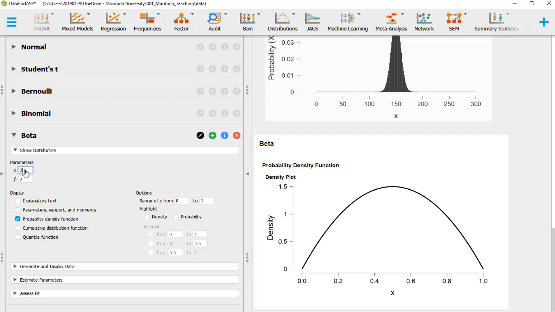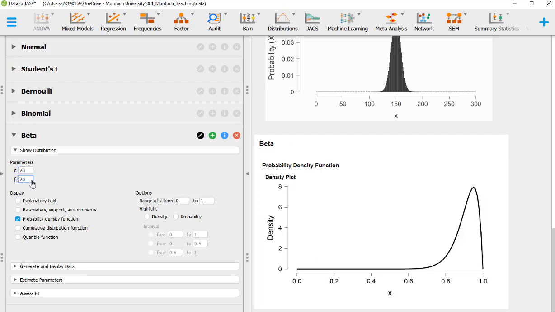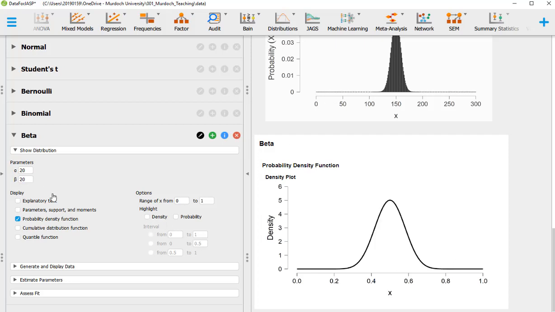But if we add more, say 20 landings in the region of interest and 20 outside it, the probability is still centered on 0.5, and values 0.4 and 0.6 are still quite likely. But 0.3 or 0.7 is very unlikely, and values more toward the extremes are even less likely.